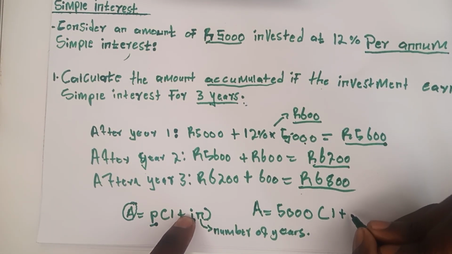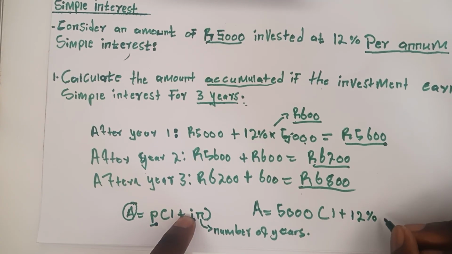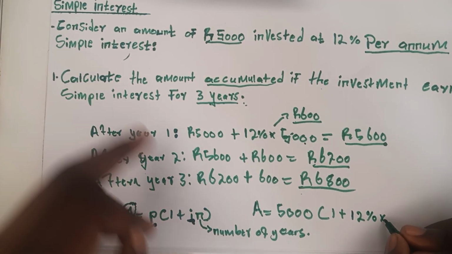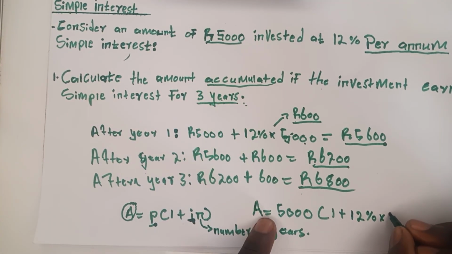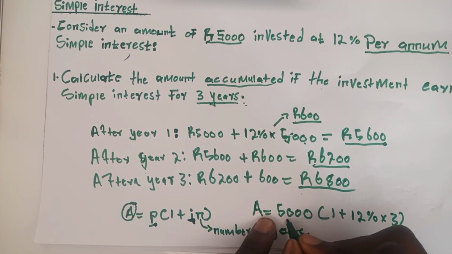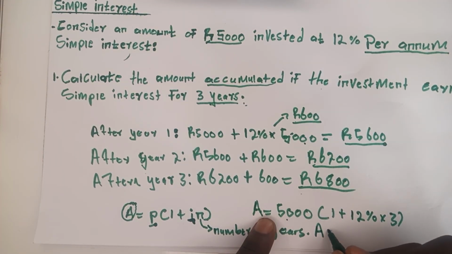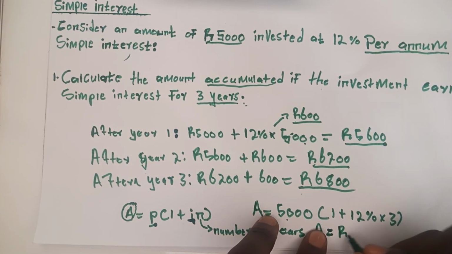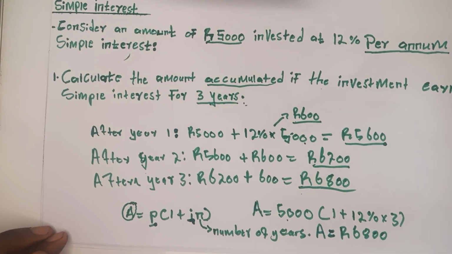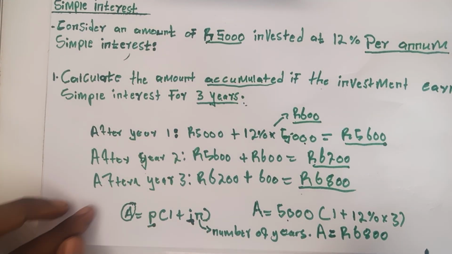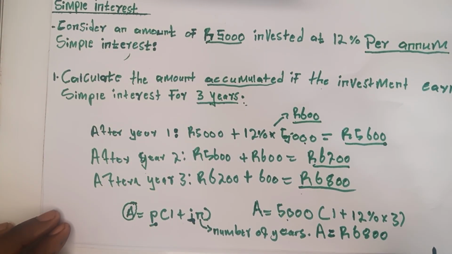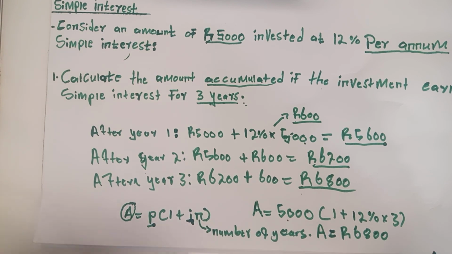So you just put 12% there, and then multiply by the number of years, which is actually 3 years. If you put this in the calculator, you are going to find the accumulated amount after the 3 year period as 6,800. So you are barely going to need the manual method. Most of the time in exams, you are going to use the simple interest formula.